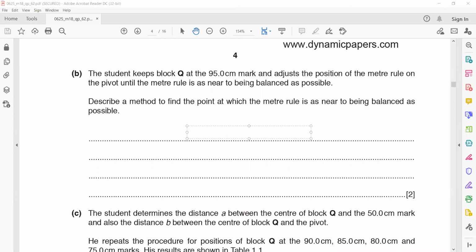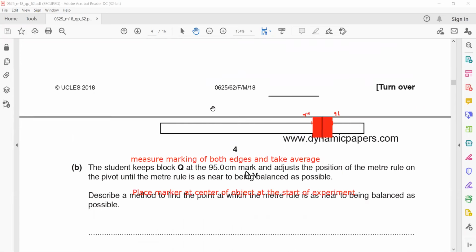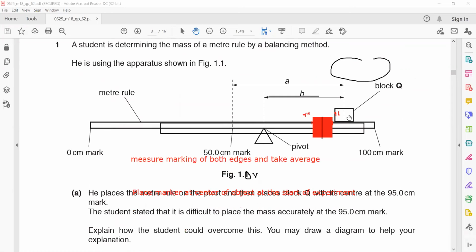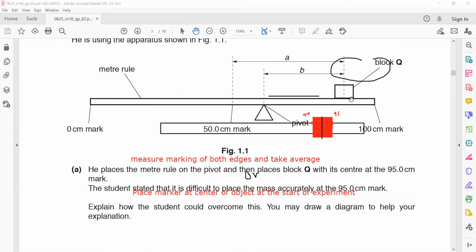In part A, the question was how you can make sure that the center of the load is at the 95 centimeter mark. What you can do is read the values at the edges and take an average. Like if one edge's value is 94 and the other edge's value is 96, I take an average and I get 95.